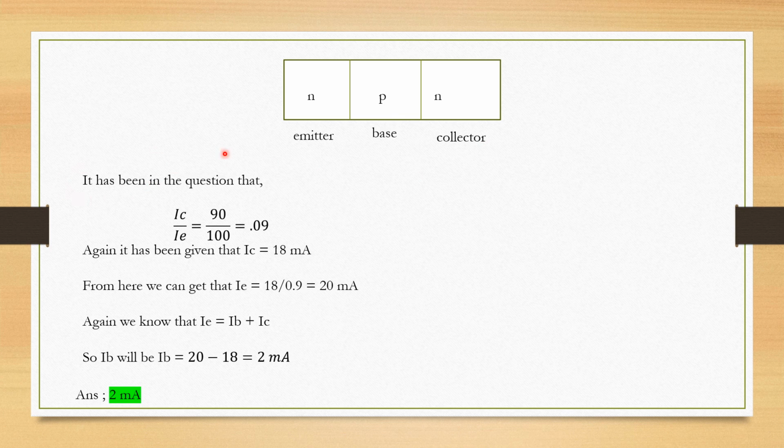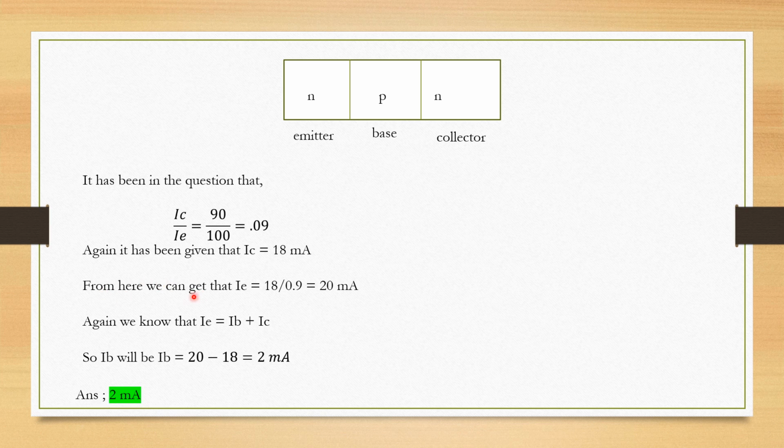It has been given in the question that IC by IE is equal to 90%. So here we can write it as 90 by 100, that is equal to 0.9. Again it is given that IC is equal to 18 milliampere.